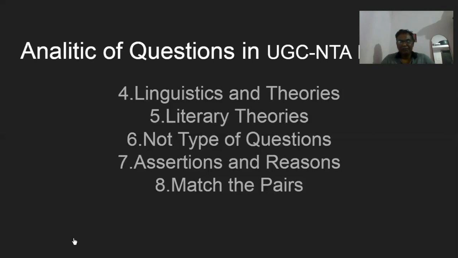Sometimes they would ask you the NOT type of question. There, out of the four options, one option is incorrect, and here you should find the option which is not related to the question. That type of question is called the NOT type of question.